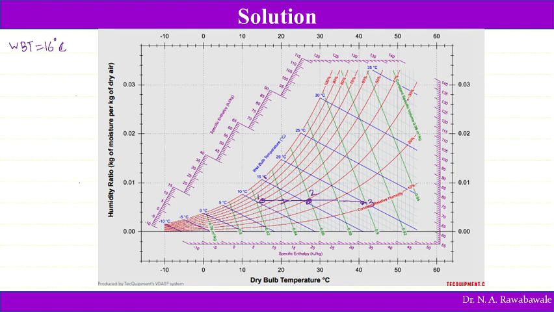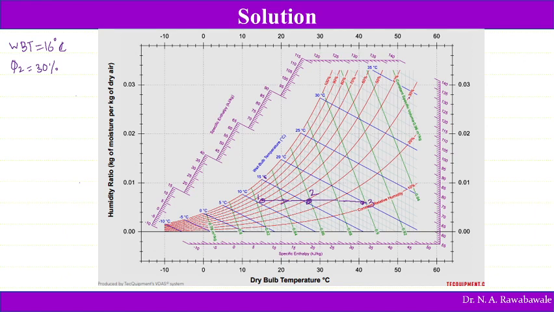So the wet bulb temperature is 16 degrees Celsius, whereas for the relative humidity, corresponding to this curve, phi 2 is 30%. So corresponding to point 2, along this curve, relative humidity is 30%.